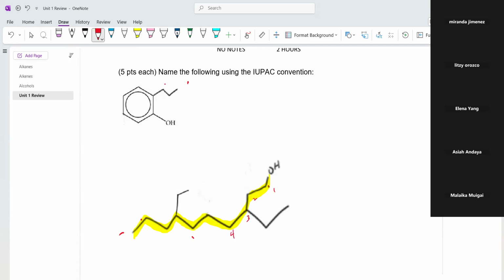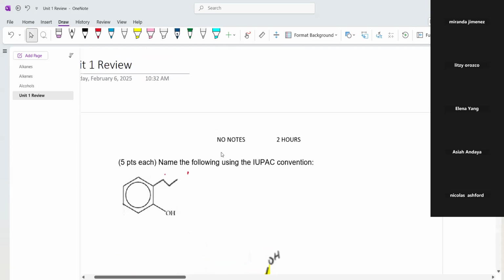Professor, what practice test is this on the files? Because I printed two out and it's not the one you're doing. Oh, it's the review. Yeah, let's make sure.